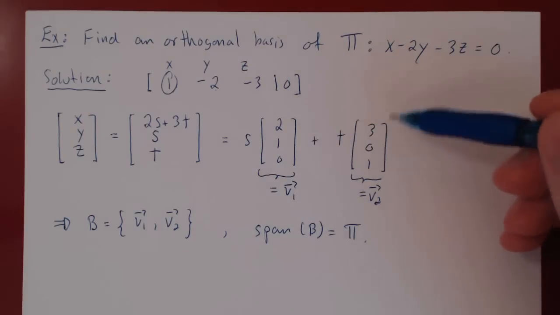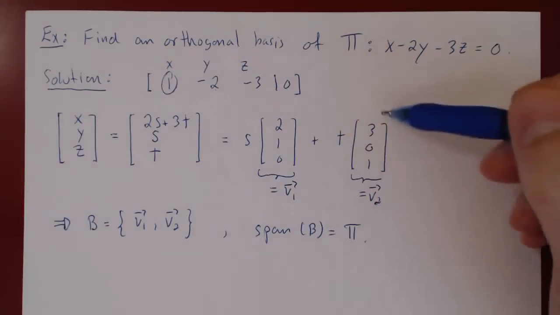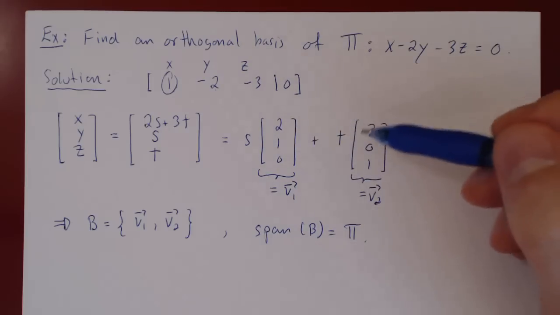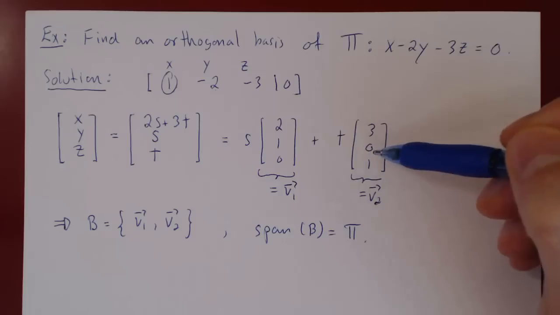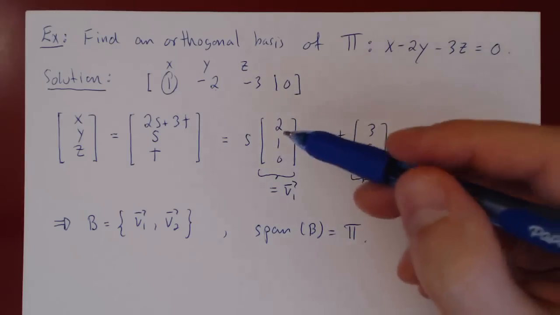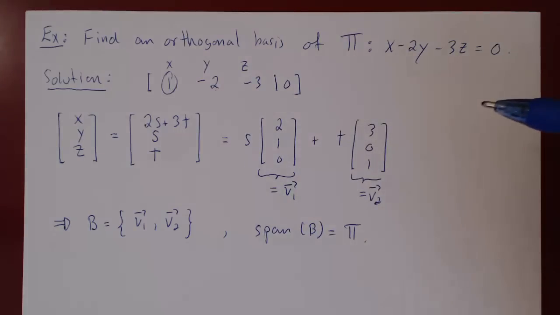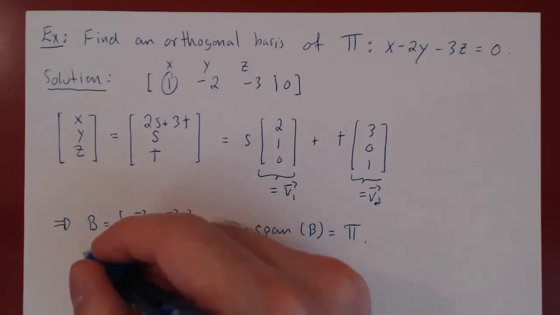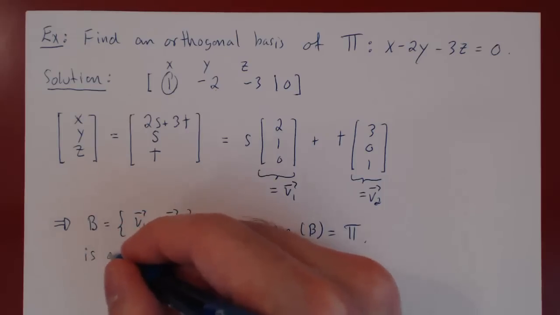And this is really obvious. If V1 was a multiple of V2, well, what times 3 is 2? That's 2/3. Well, 2/3 times 0 is not 1, and 2/3 times 1 is not 0, so clearly V1 and V2 are not multiples of each other, therefore they are linearly independent. So B is indeed a basis of the plane pi.